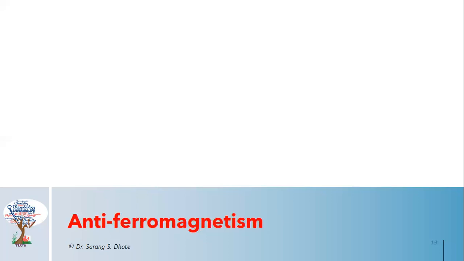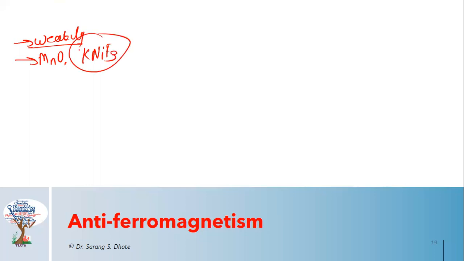Next, we are going to discuss the meaning of antiferromagnetism. A substance that is attracted very weakly by a magnet and cannot be magnetized is known as antiferromagnetic. An example is manganese oxide. What is the property of antiferromagnetism?